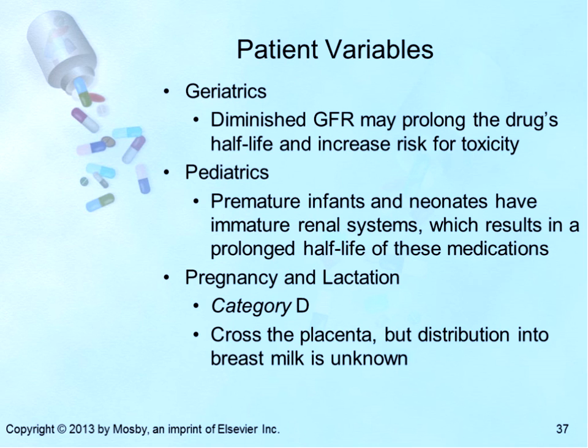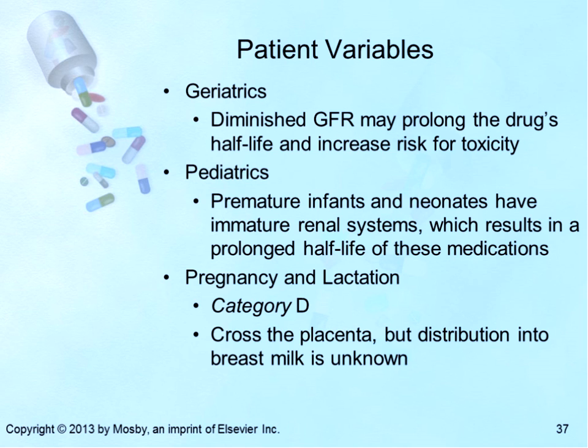Patient variables. In geriatrics, diminished GFR related to aging prolongs the drug's half-life and increases the risk of toxicity. In pediatrics, premature infants and neonates have immature renal systems, and this also results in prolonged half-life.